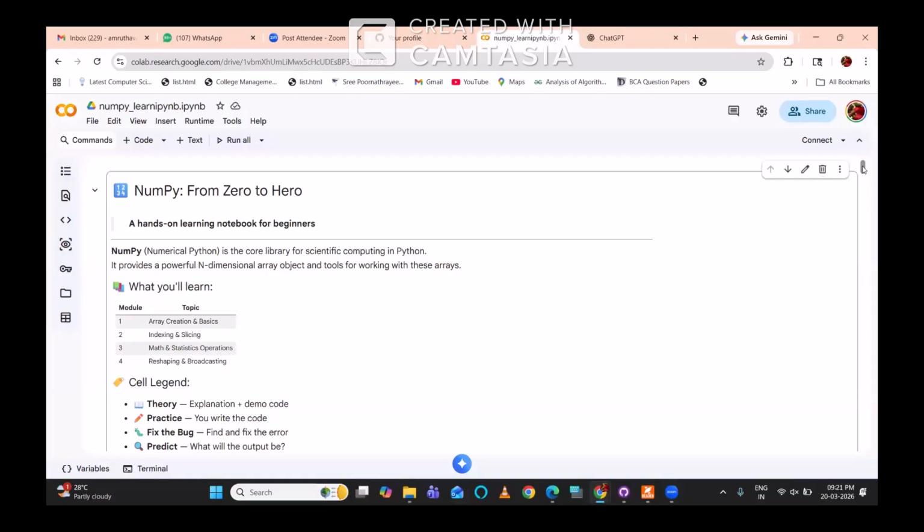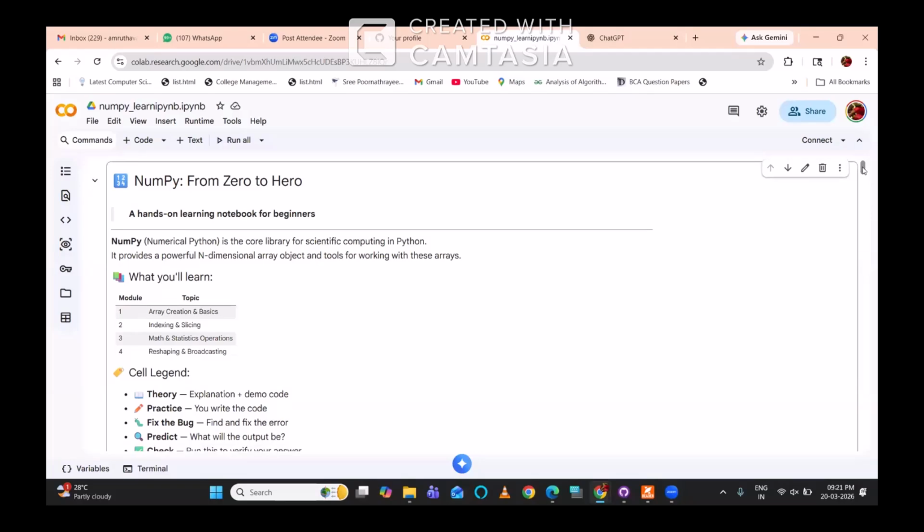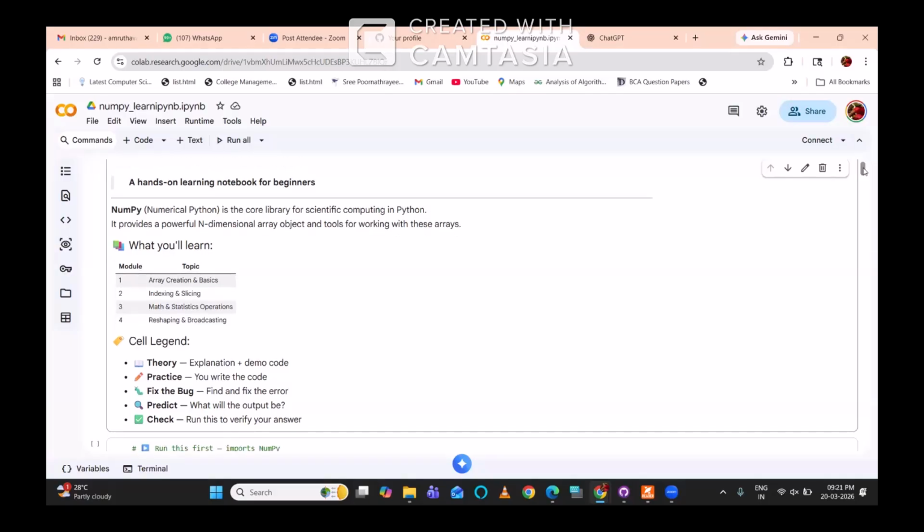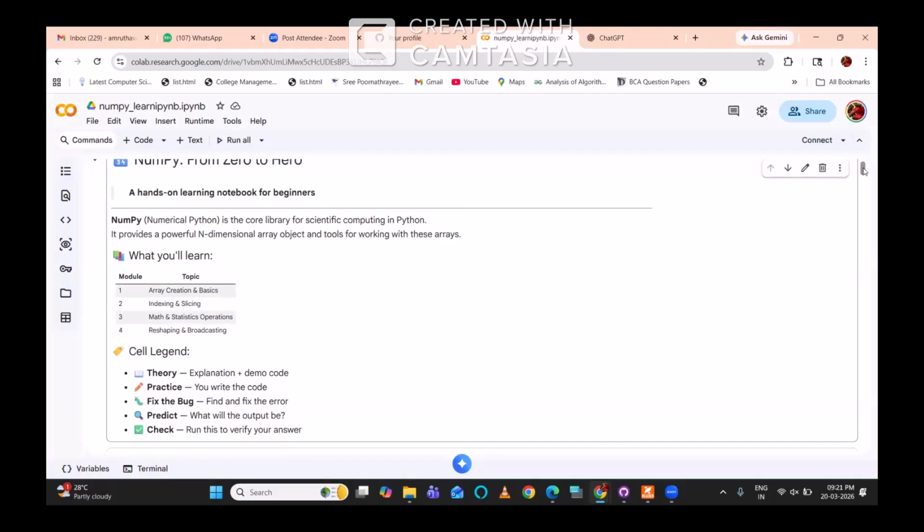The topics we are going to discuss are array creation, indexing, slicing, maths and statistics operations, reshaping and broadcasting. A lot of things are there. And in between, there are some practice questions, bug fixing and output prediction to check your understanding of the concepts. Okay, fine.